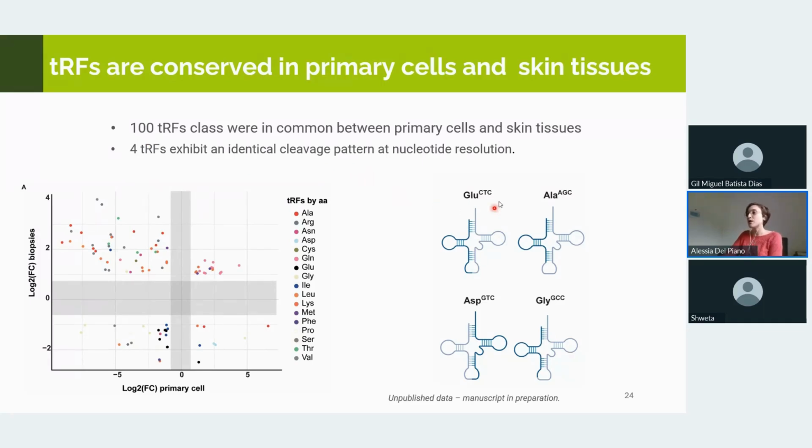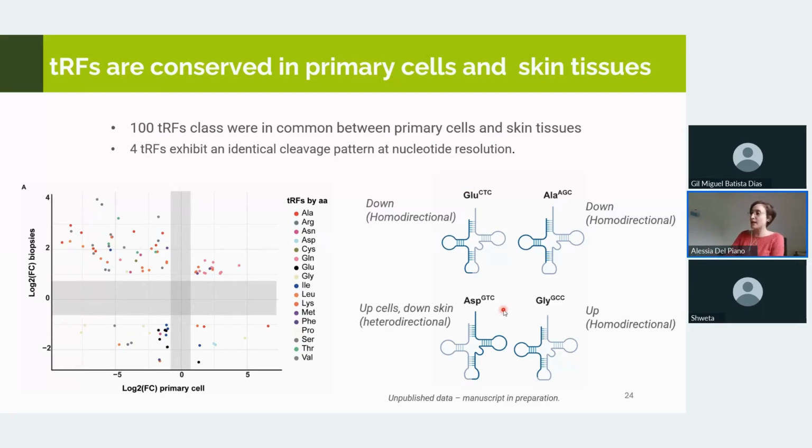These fragments were derived from glutamate, alanine, glycine, and aspartate, and 3 of them showed a homodirectionality, with glutamate and alanine being downregulated in both datasets, while glycine was upregulated, and aspartate was the only one showing a heterodirectionality, being upregulated in cells and downregulated in the skin tissue dataset.